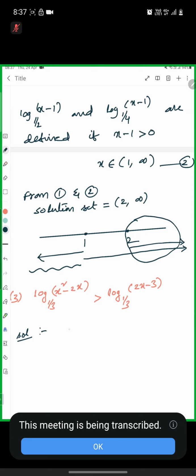So this can be written as x square minus 2x less than 2x minus 3. What is the reason?